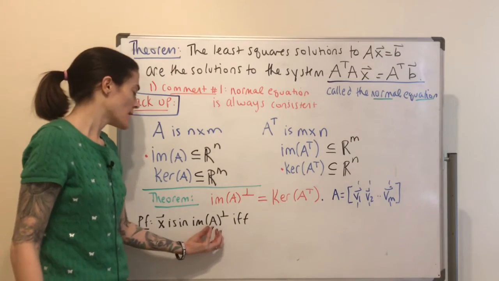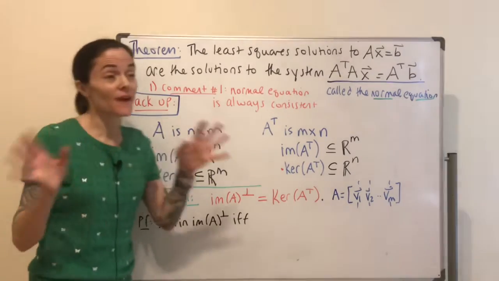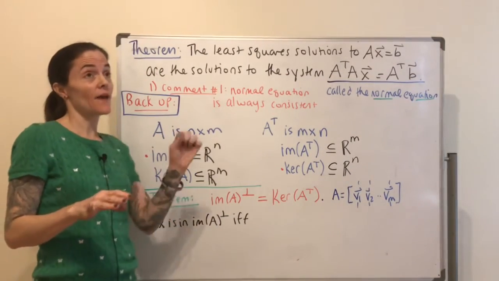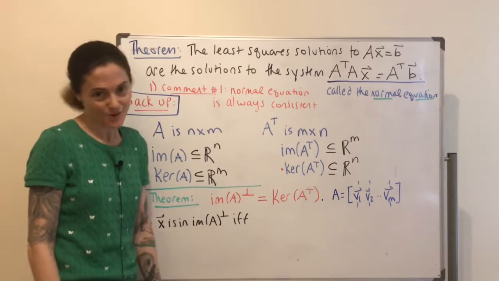Well, we know, let me say one more thing. We know that if you take the dot product of x and anything in the image of A, you get 0.